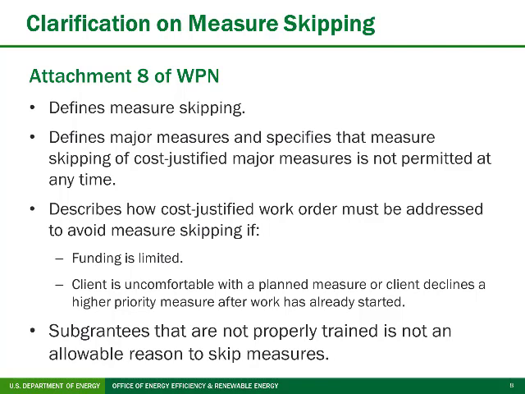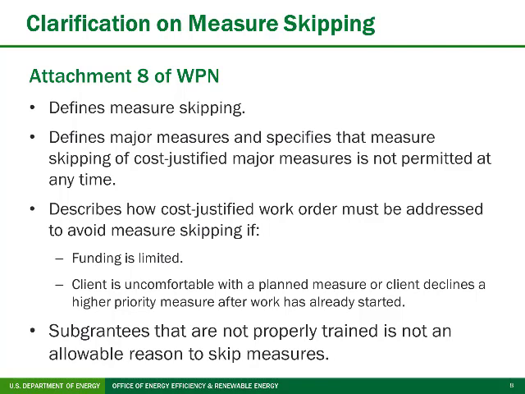At that point, the client should be educated as to why we don't want to skip these major measures. If they still continue to decline a measure, then the job must be stopped at that point. Any installed measures should be inspected by the QCI and finalized, and that job will be reported as a completion to DOE at that point. However, no other measures will be installed after the client refuses a major measure.